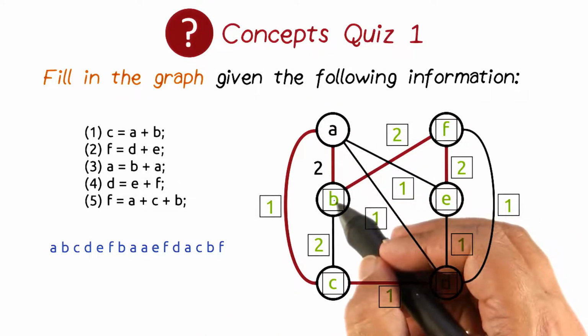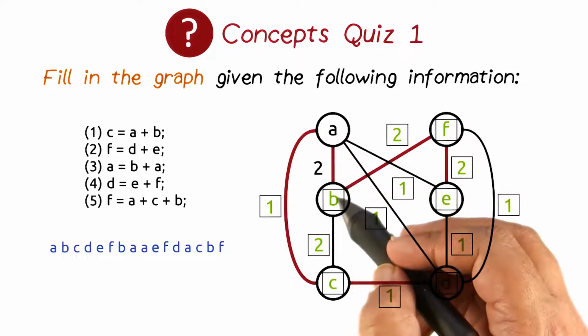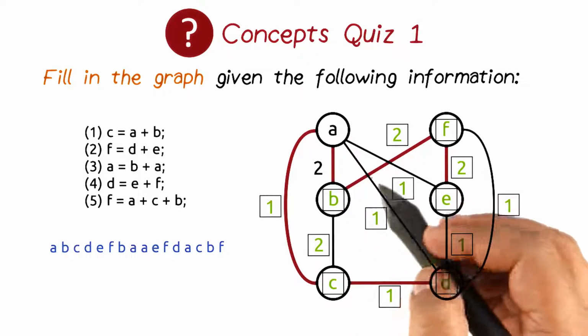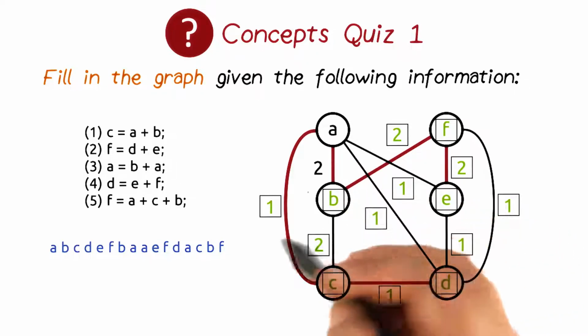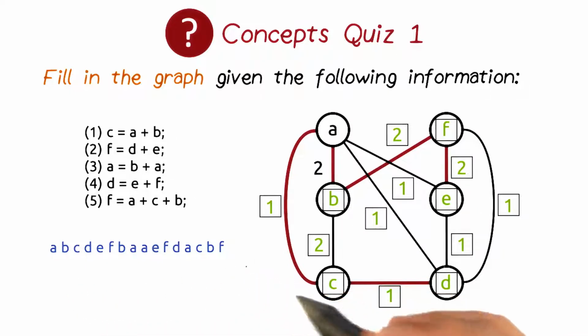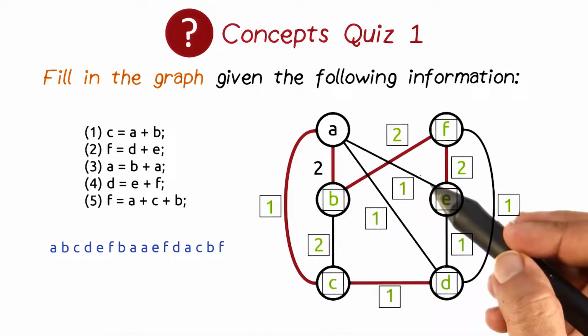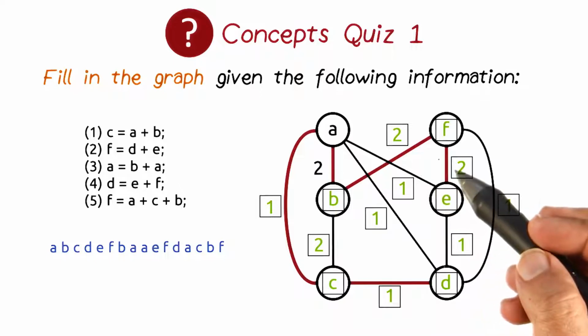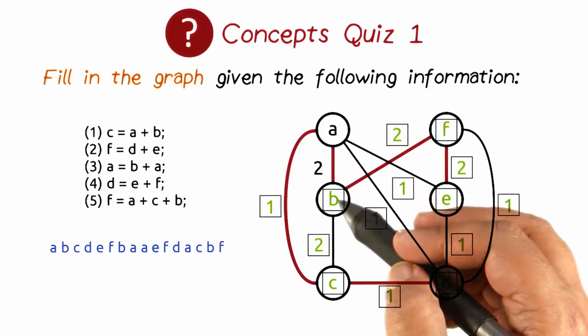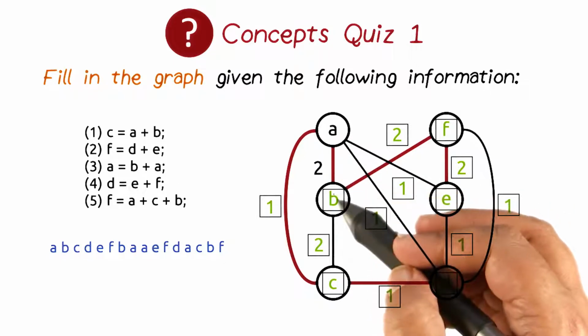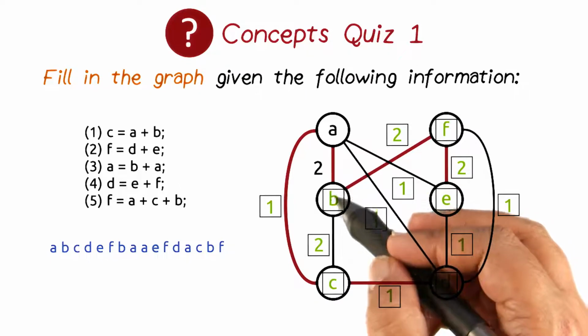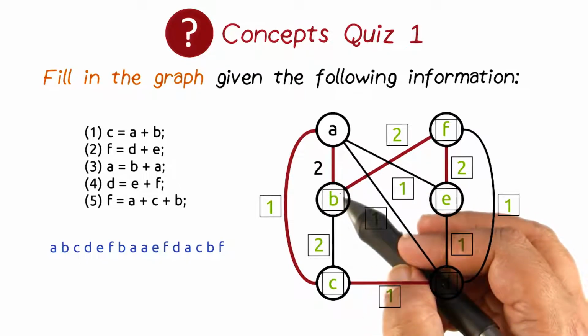The second node neighboring A is going to be B, because if you analyze this access sequence, the only node that has a frequency of 2 with regard to node A is node B. So that fixes this to be node B.